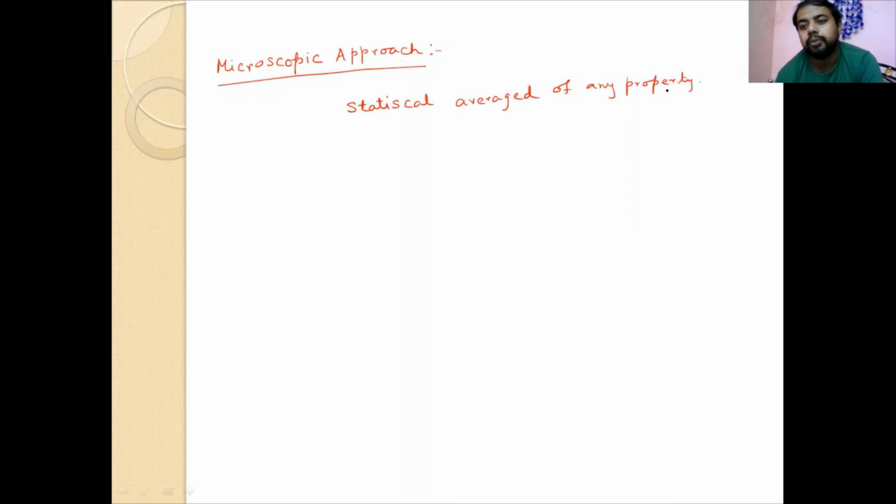That means we first consider the statistical average properties of molecules. So batch-wise we are selecting; each batch has a statistical similarity. So it is a stochastic measurement.